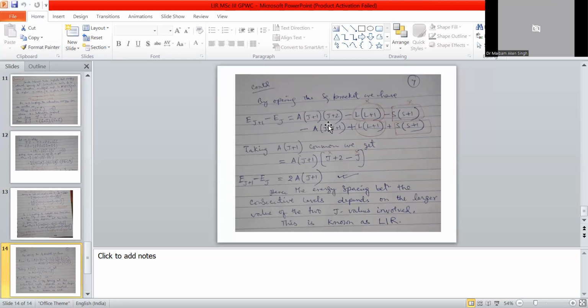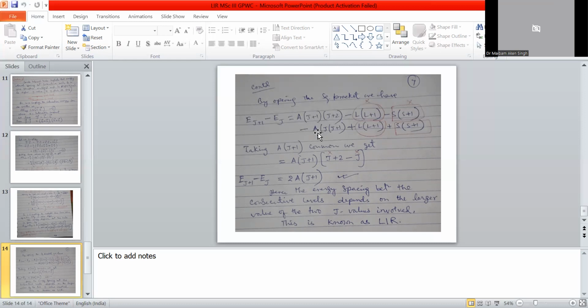By opening the square bracket, we have this left part. By opening the bracket, we have this thing, and these terms get neutralized. Only this term remains, and here we can take a common term, that is A into J plus 1.